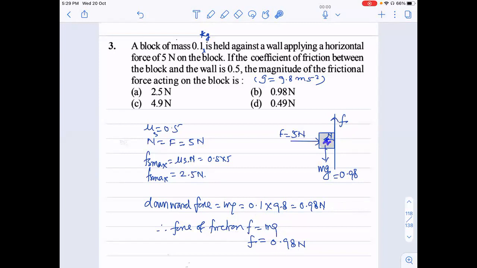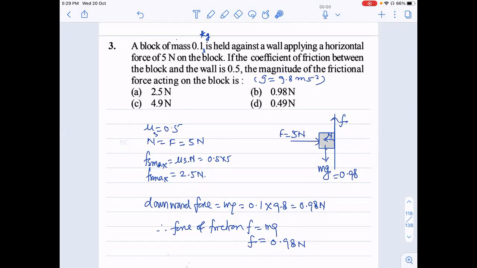If we increase the mass, then friction will increase. It can reach up to 2.5. So when will it be 2.5? When we apply more mass, then it can go up to 2.5. So at this moment, friction is 0.98. Okay? So this is the answer. This is an important question.